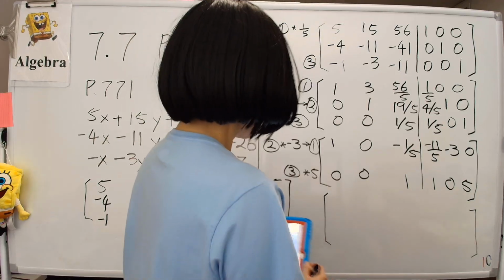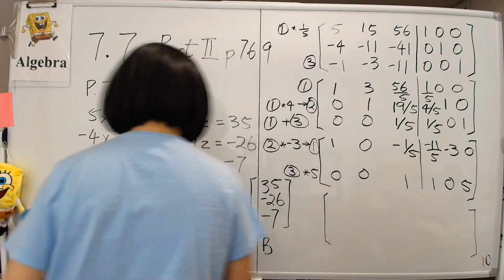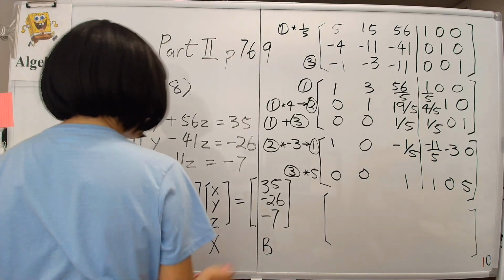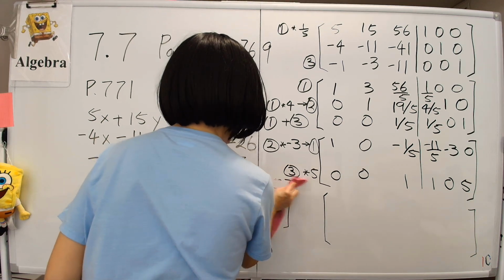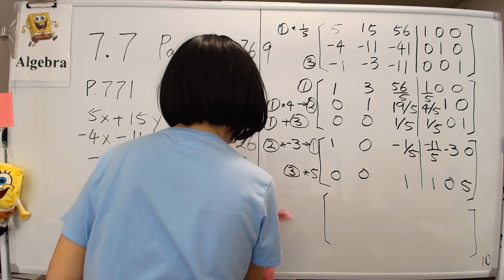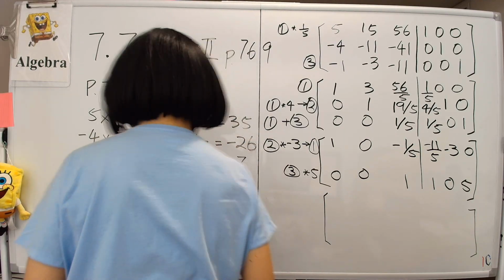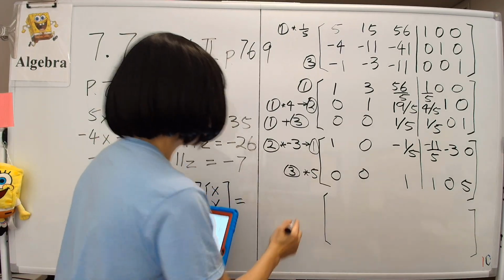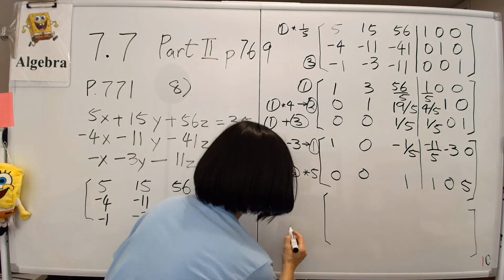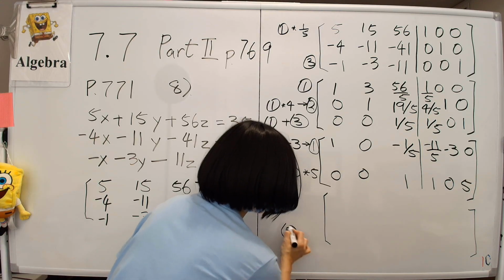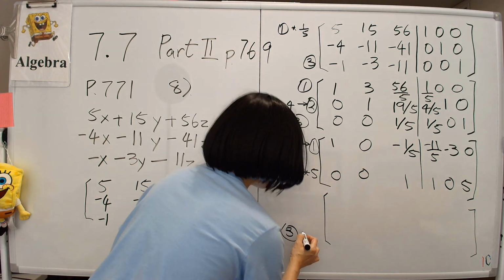Let's see. So let's write it down. Actually, let me get rid of some of this stuff so we have a little more space. So we'll have row 3. The new row 3 will multiply it by minus.